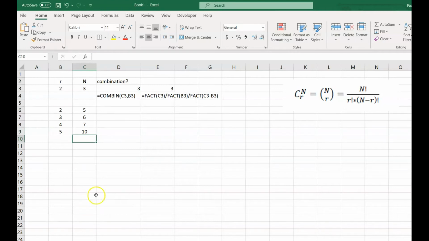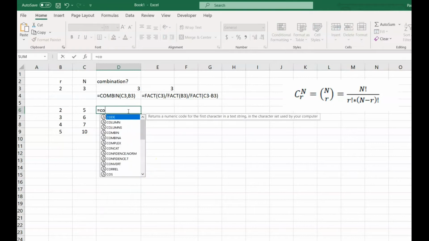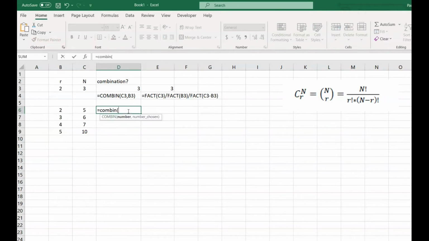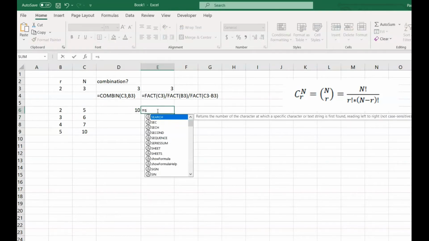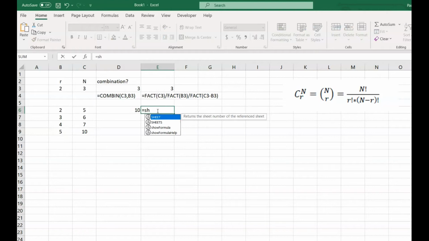Then we can simply apply the formula. Equal COMBIN. The first one is the big number n, the second one is r. In total we have 10. Then we can use show formula to show the formula of this.